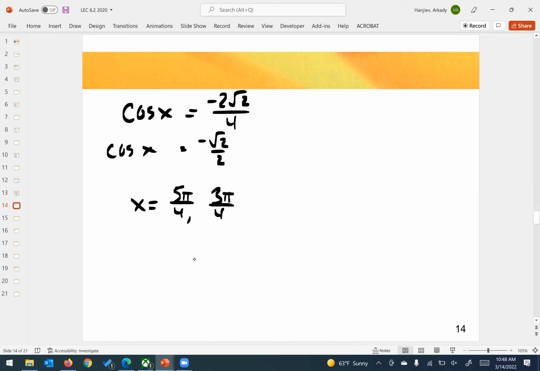Quick question. Did we square both sides of the equation? Yeah. Oh, shoot. We squared both sides of an equation. Go back and let's check this out. So does 5 pi over 4 work for the original problem?